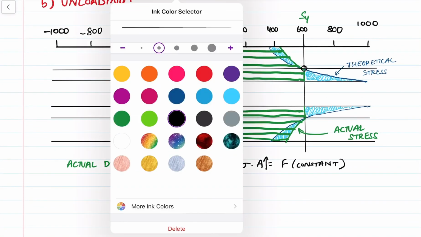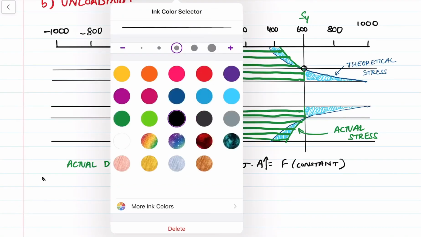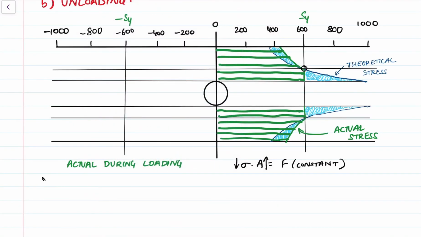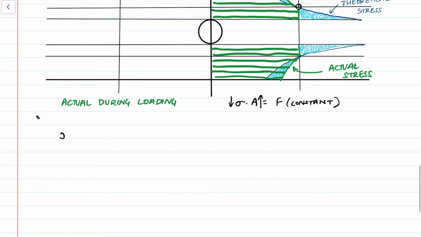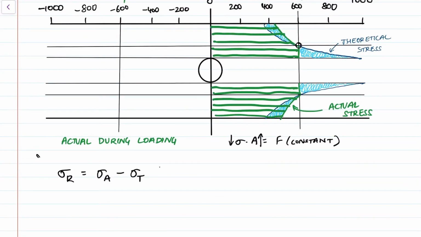And the relationship would be that sigma r, or the residual stresses, is equal to sigma actual minus sigma theoretical. And this is only when yielded.